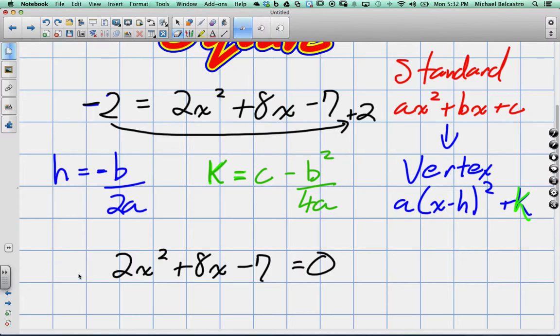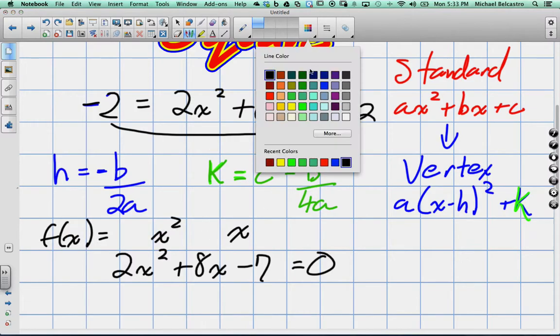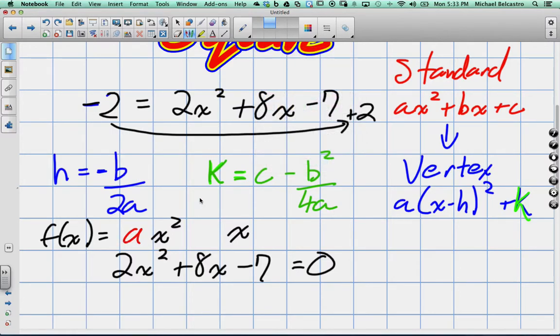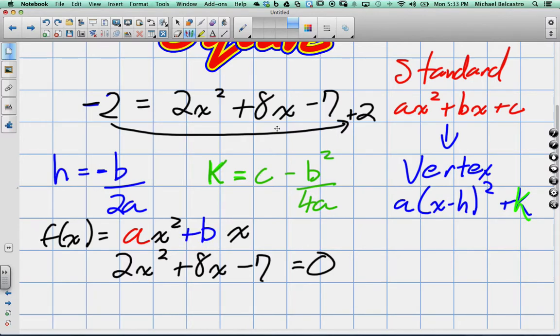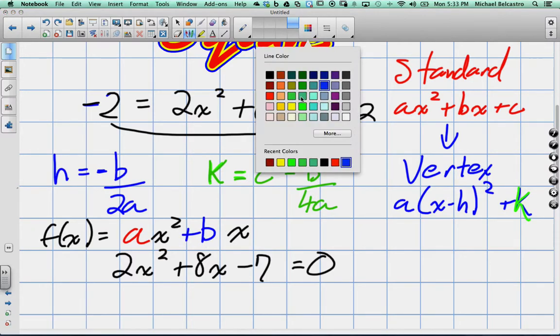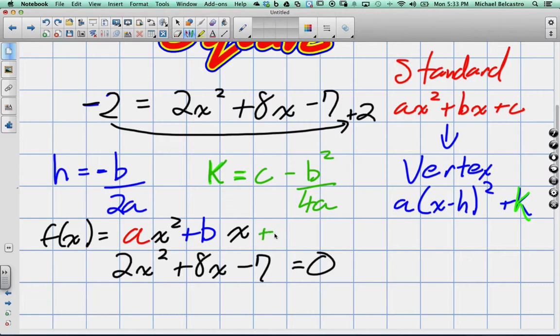Okay, so now that we have that, our standard form is sometimes written as f(x) = ax squared + bx + c. Let's write these values in. Here's our a, our b, and our c. What would be our a value in this question? 2.